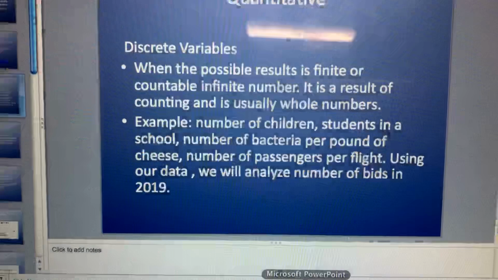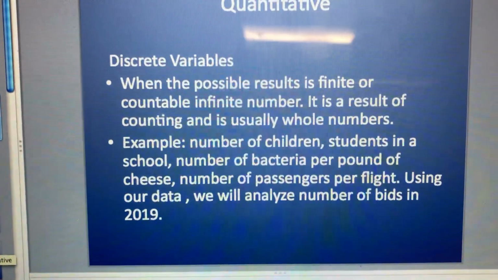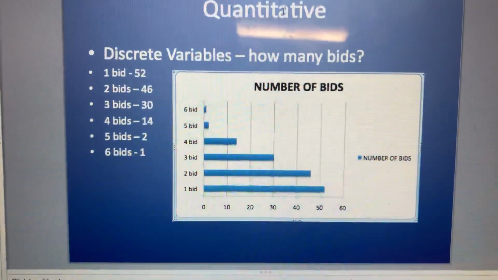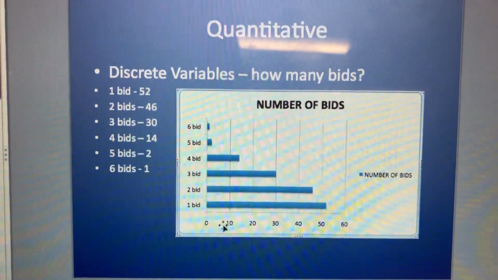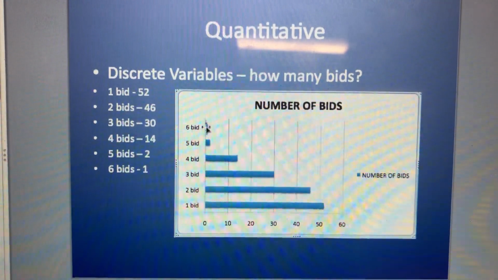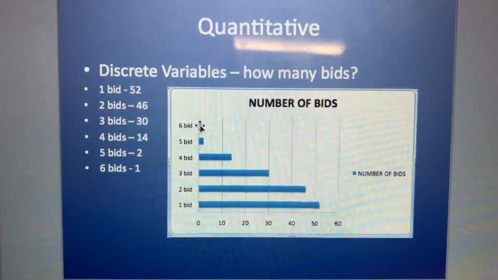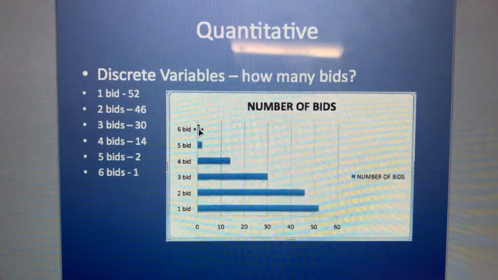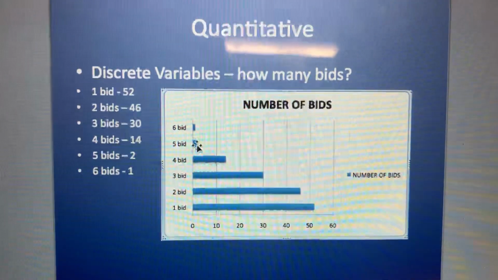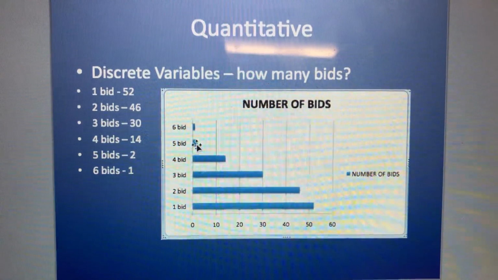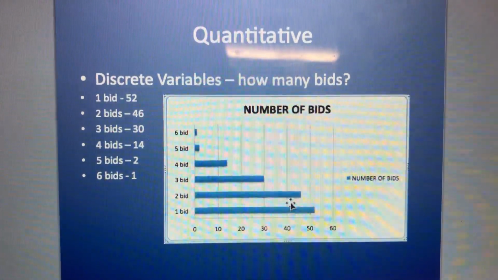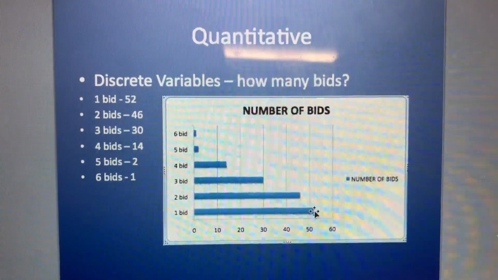As a result, we have a discrete variable chart explaining that close to zero contracts received just 6 bids, very few, only 2 contracts, received 5 bids, and most of the contracts received just 1 bid.